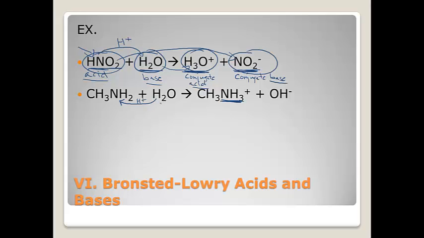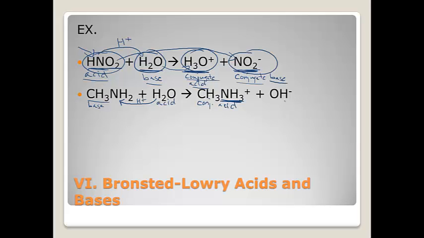So since that's donating, water must be the acid, and this is accepting, so this substance here, known as methylamine, is the base. Now, on the right side, and notice the conjugate things can only be on the right side, so what did this come from? It came from a base. So that means this must be the conjugate acid.